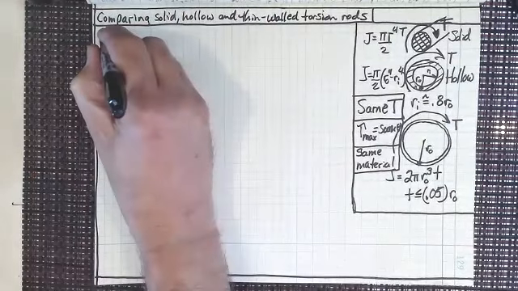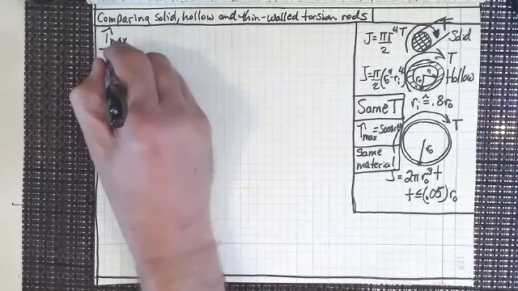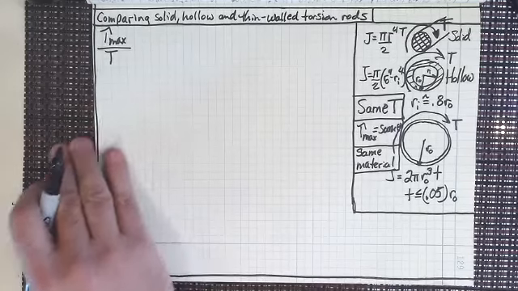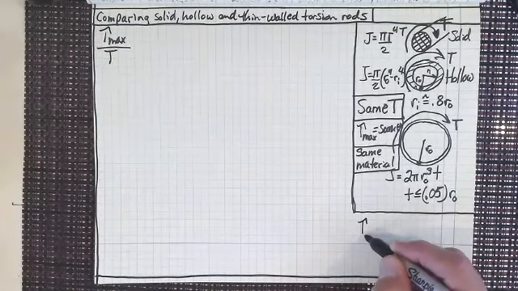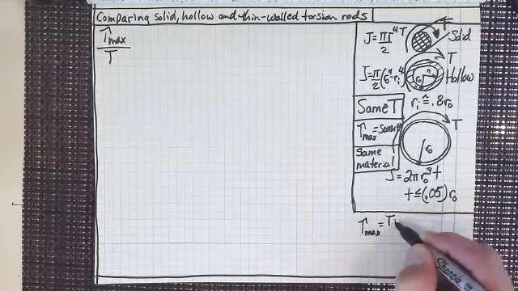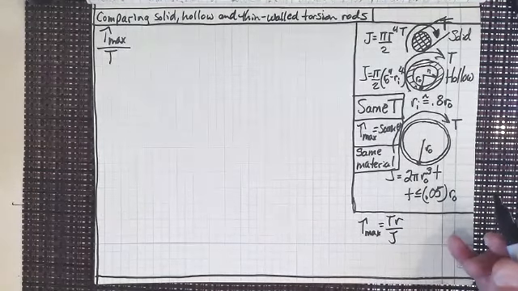So we're going to compare the maximum shear stress divided by the torque. Let's just write down our equations here. Maximum shear stress equals TR over J, right?